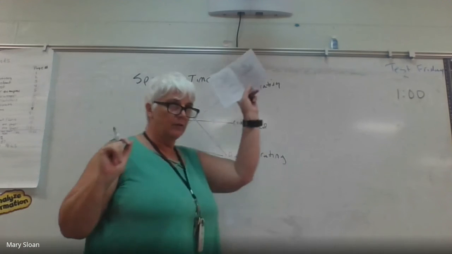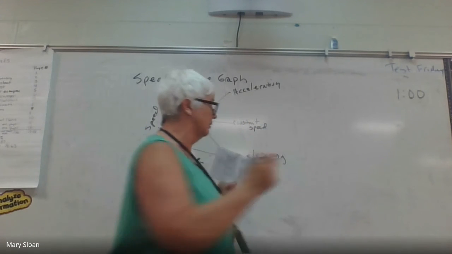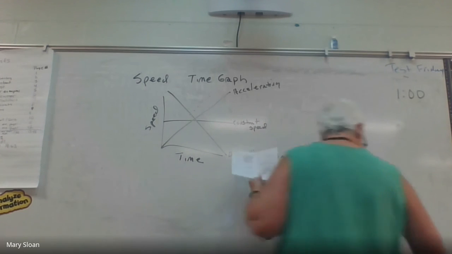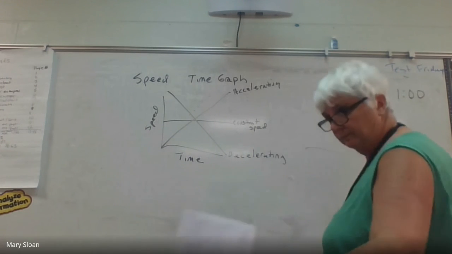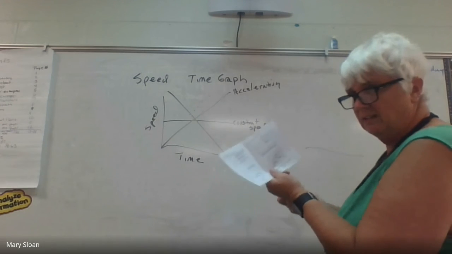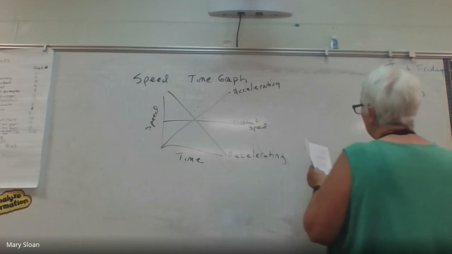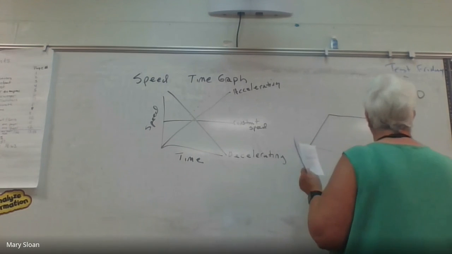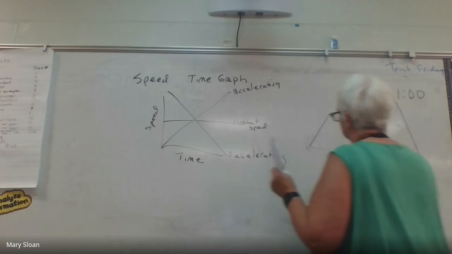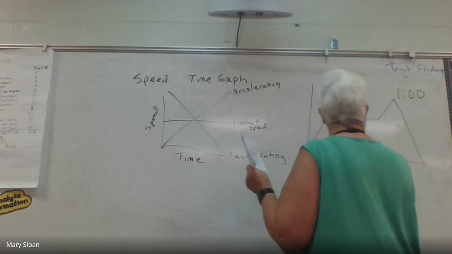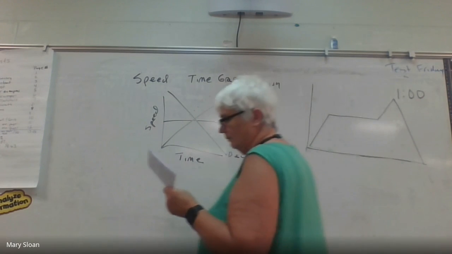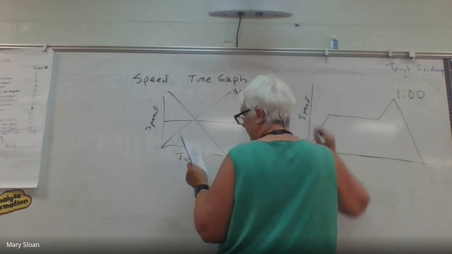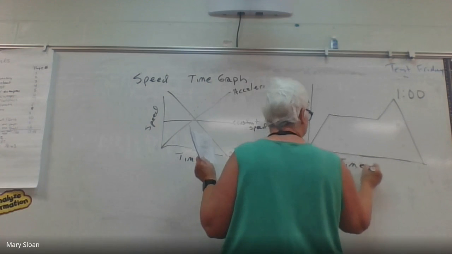So now let's draw the summary graph that we have in here. So we have this, and this. Draw that on your graph. We have speed on the side, and we have time down here, right?